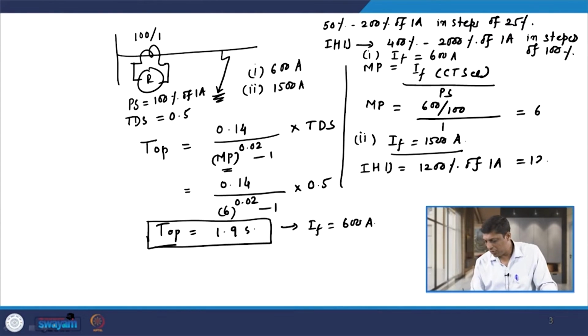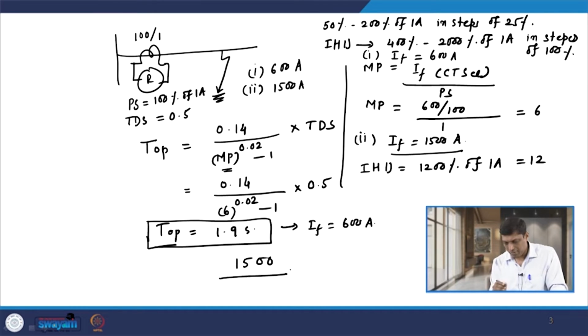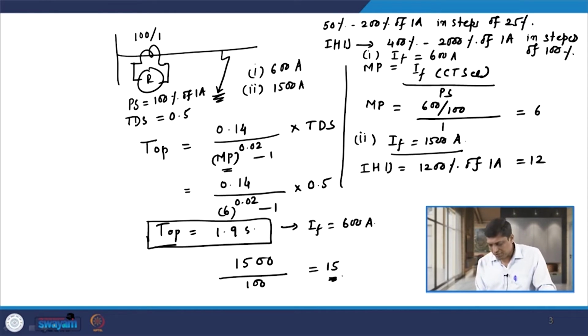So, that comes out to be 12. For the magnitude of fault current of 1500 ampere, if I divide it by the CT ratio, that is 100 by 1, then this comes out to be 15, and this 15 is greater than the instantaneous high set unit value.